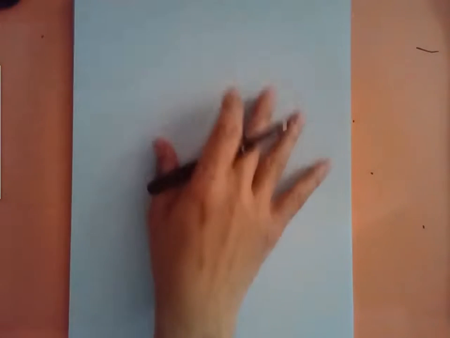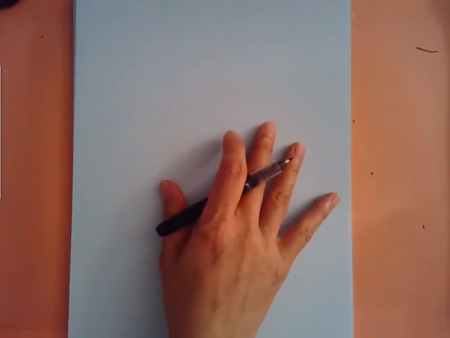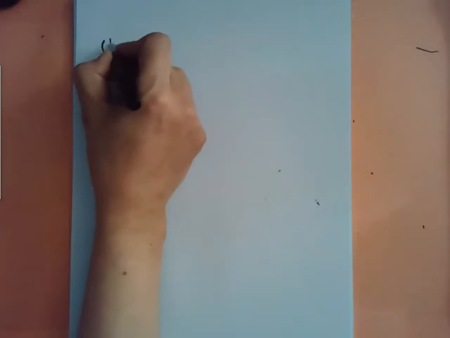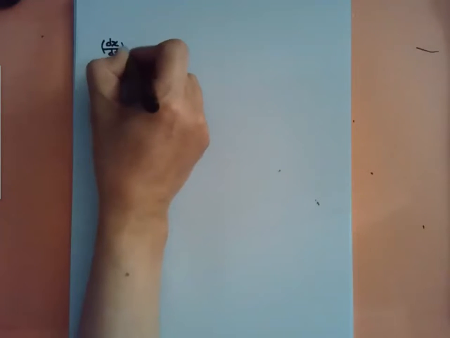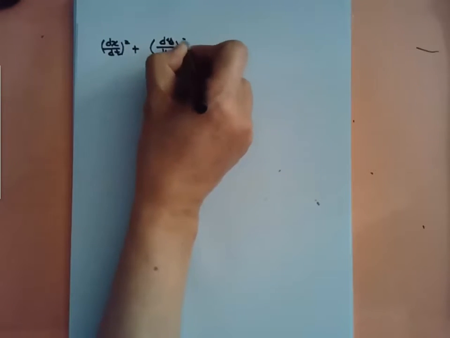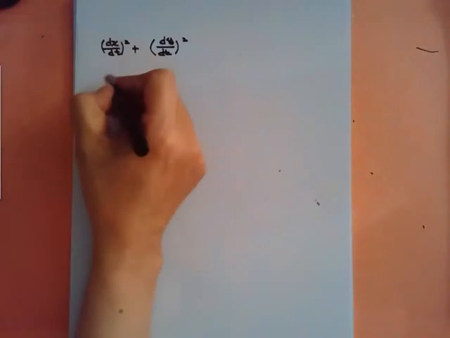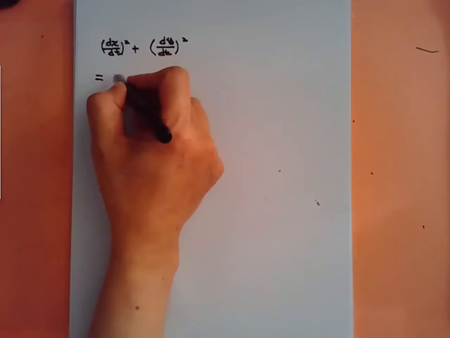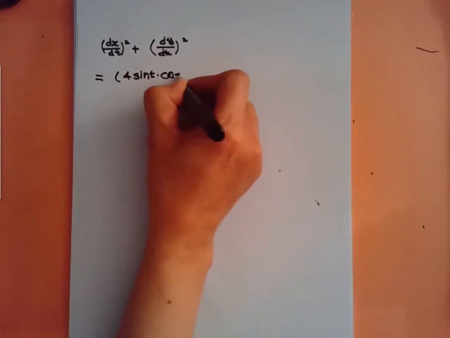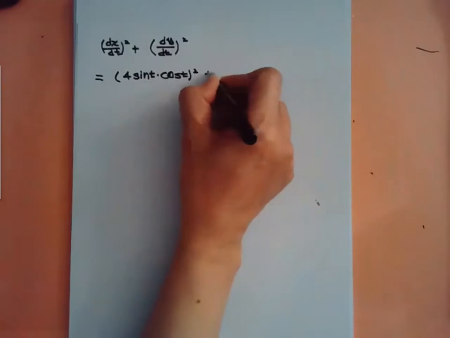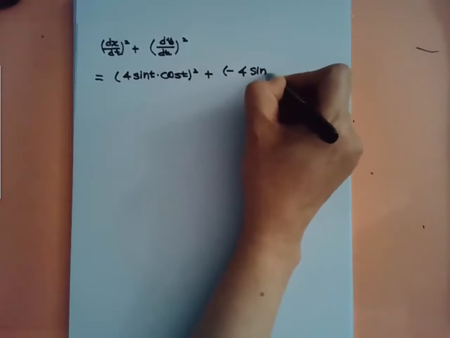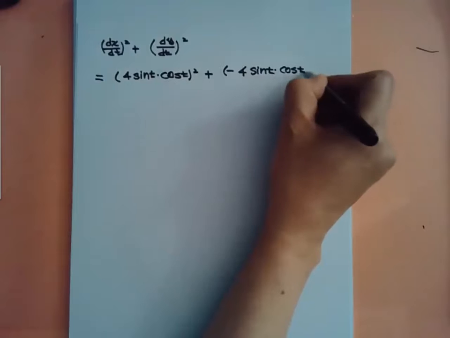Now, we want to calculate what was under the square root. That is (dx/dt)^2 plus (dy/dt)^2. And so dx/dt is 4 sine of t times cosine of t, squared, plus dy/dt is minus 4 sine of t times cosine of t, squared.